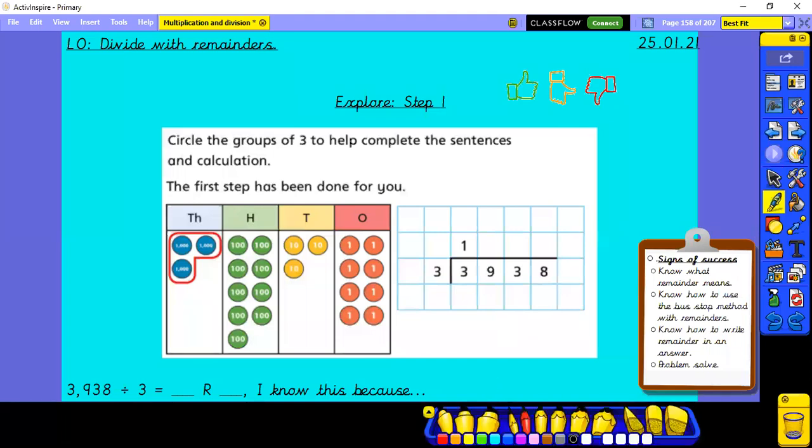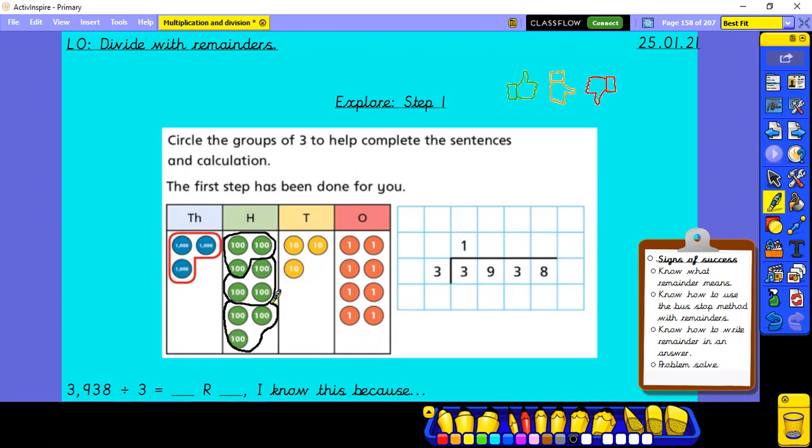Okay, so I'm going to use my place value counters to get my counters in groups of 3 to find my answer. I'm going to start with the hundreds column as they've done the thousands one for us. I've got 3 counters here that I'm going to group together. So I've got 1 group, another 3 underneath which I'm going to group together, 2 groups, and 1 more group of 3 underneath that.